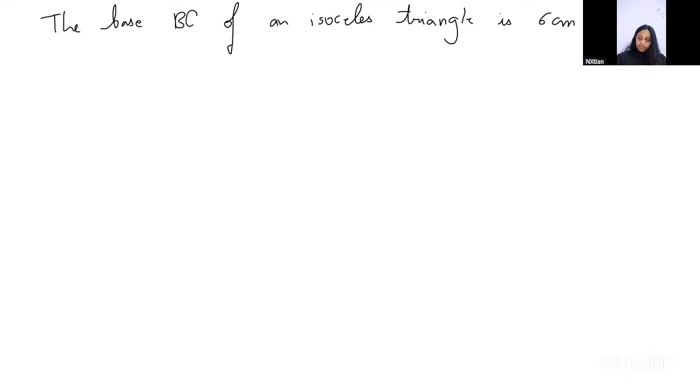The base BC of an isosceles triangle. Ma'am, do we have to write this too? No, just write the base is equal to 6 centimeter. So BC equal to 6 centimeter, and one side of the two equal sides is 5 centimeter.